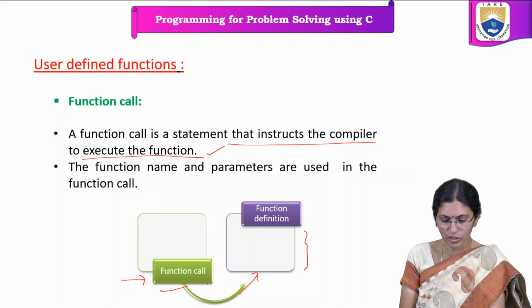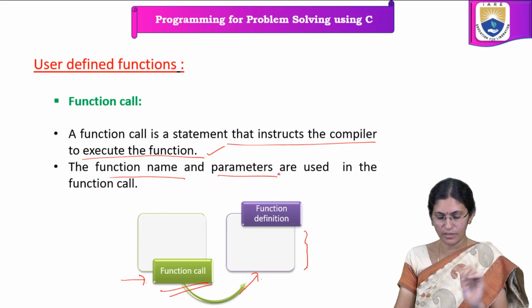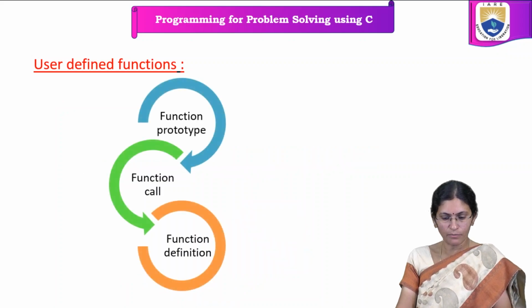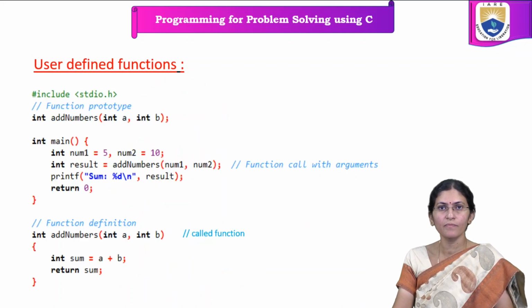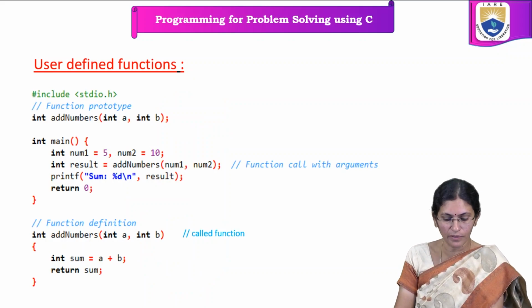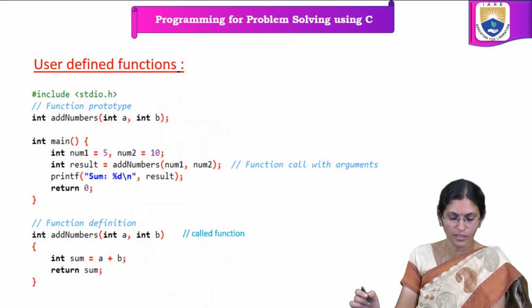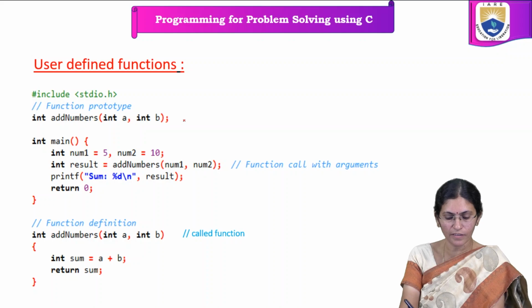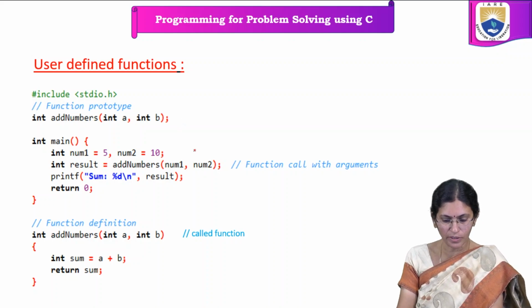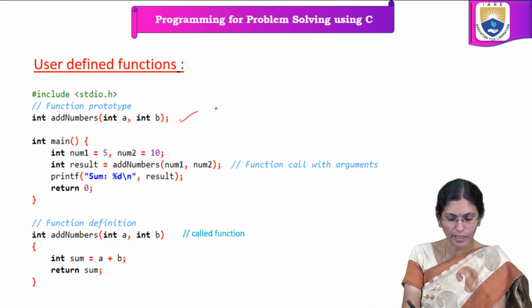The syntax for a function call is the function name and then the parameters. We have seen an example of this in the previous video lecture: add numbers, a function to add two integers. This is the function prototype.